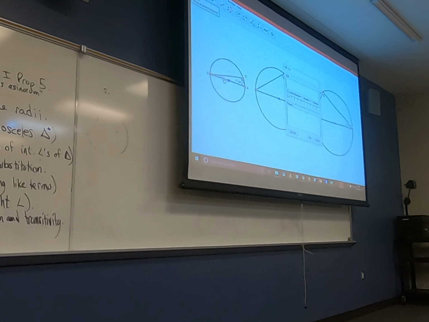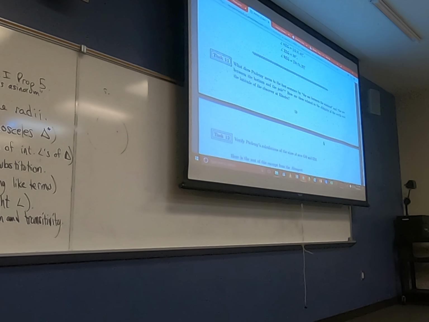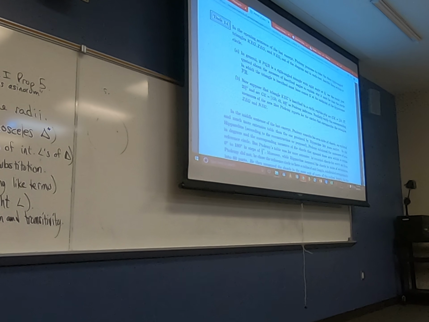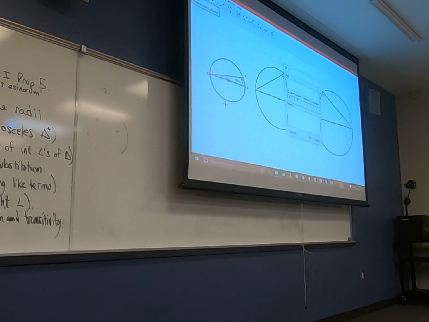What was the question again? So this is 12.14, hard to read there. It was, explain why GK has a degree measure of 24 degrees. Okay, so what's GK? Oh, that's this angle here. Sorry, the line segment GK. Oh, well, that's obvious now, right? Because the central angle is twice the circular angle, right?